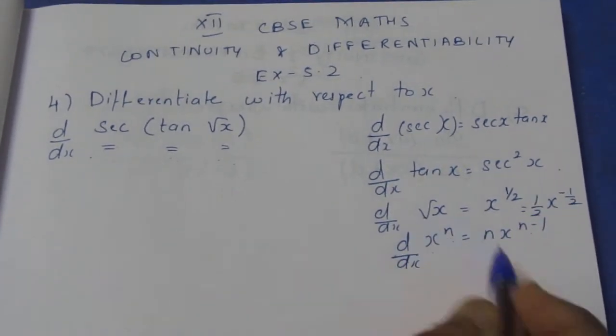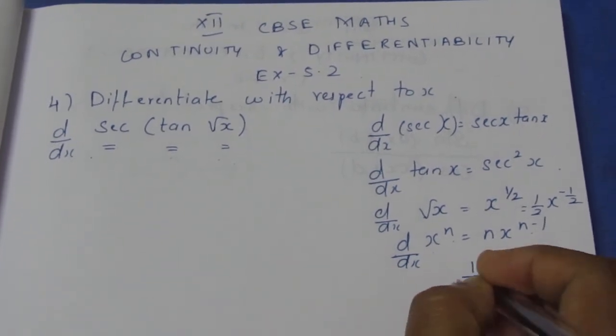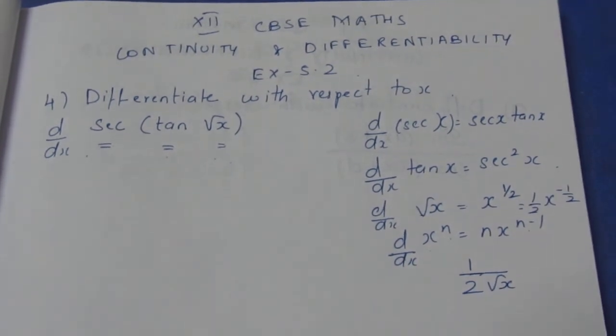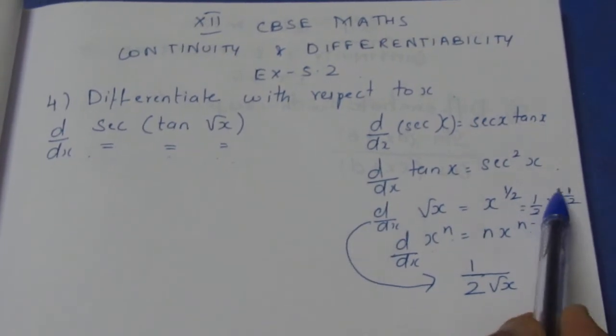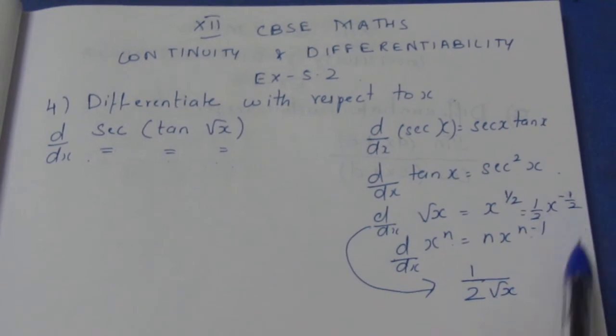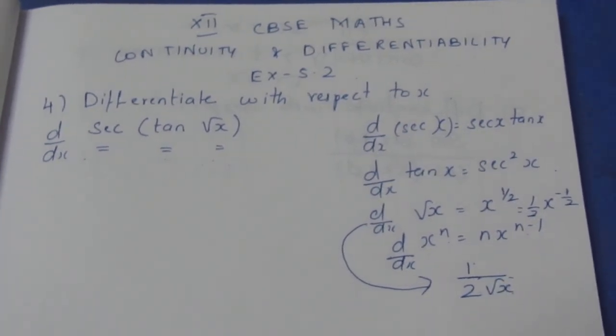Remember that for root x it will be 1 by 2 root x. Because of the minus sign we write this in the denominator. So x power half will be root x. So 1 by 2 root x is the differentiation of root x.